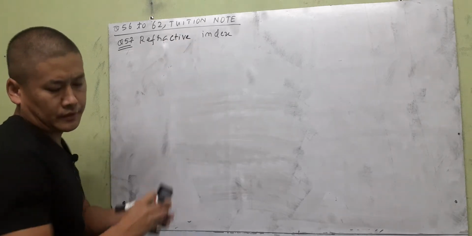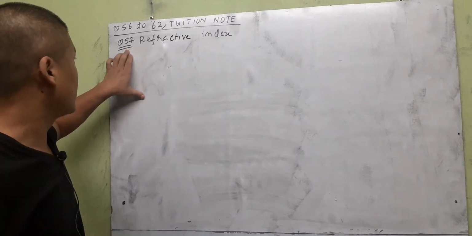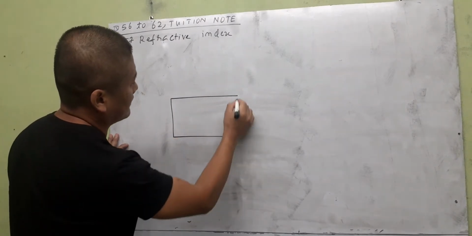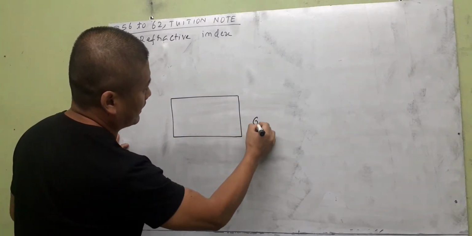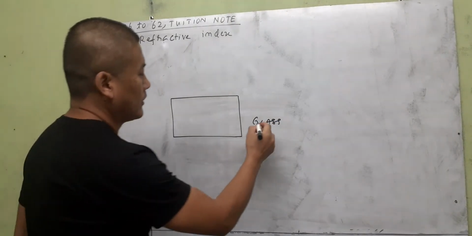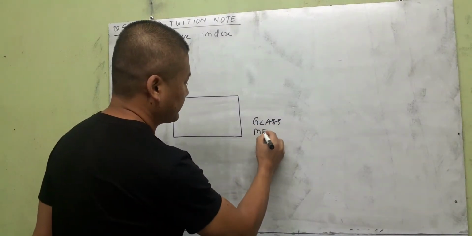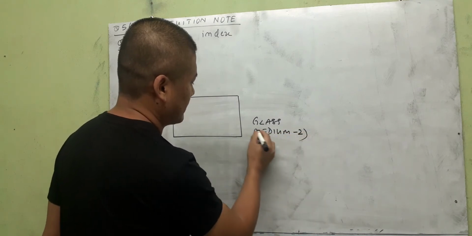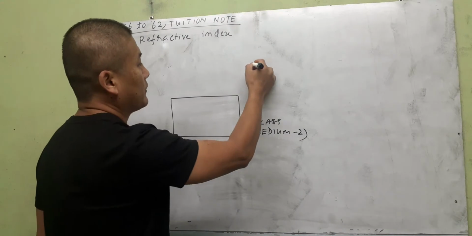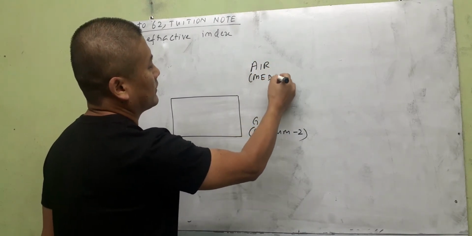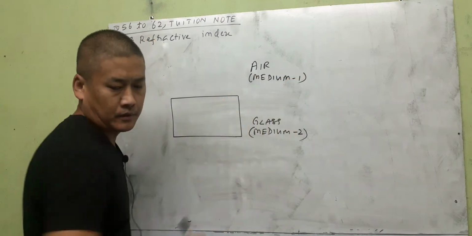To understand this, write down on your tuition copy this number and then draw a rectangular glass slab. So this is your glass. This is medium 2, let us say. That means the light ray is going to pass through this second. Above it is air, and this is medium 1. You draw along with me, okay?